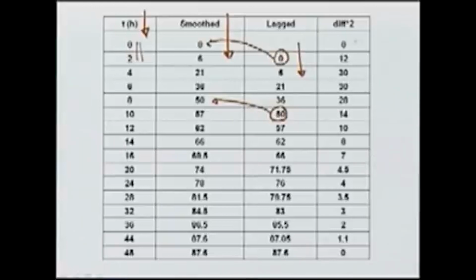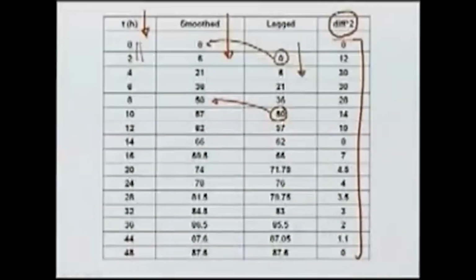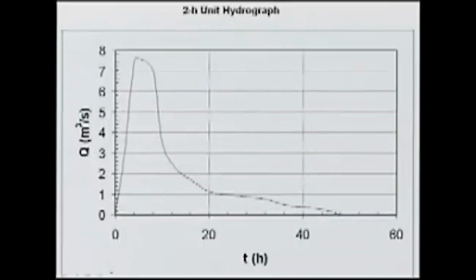This difference is multiplied by 2, so that we get the unit hydrograph for 2-hour duration, and this is plotted in this figure. So, you can see that a 2-hour unit hydrograph is obtained using the S curve.